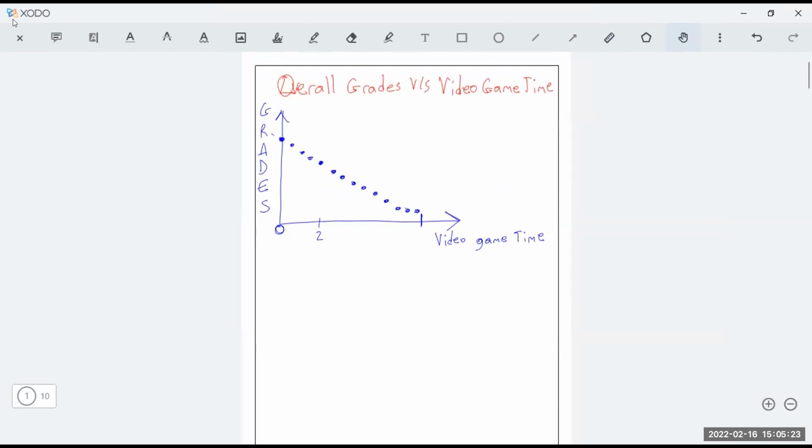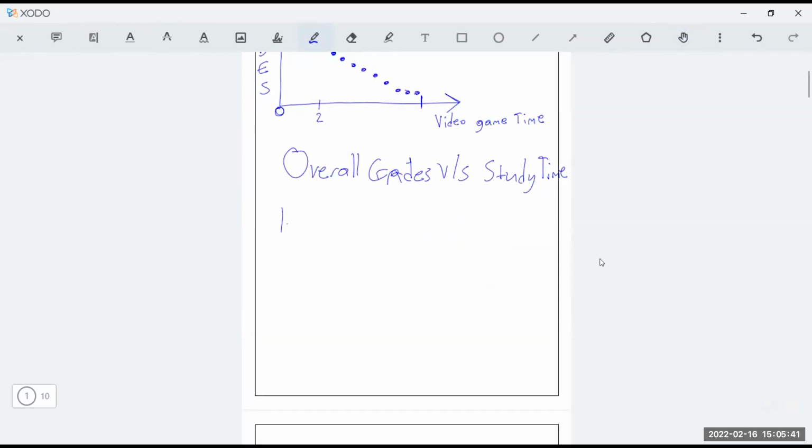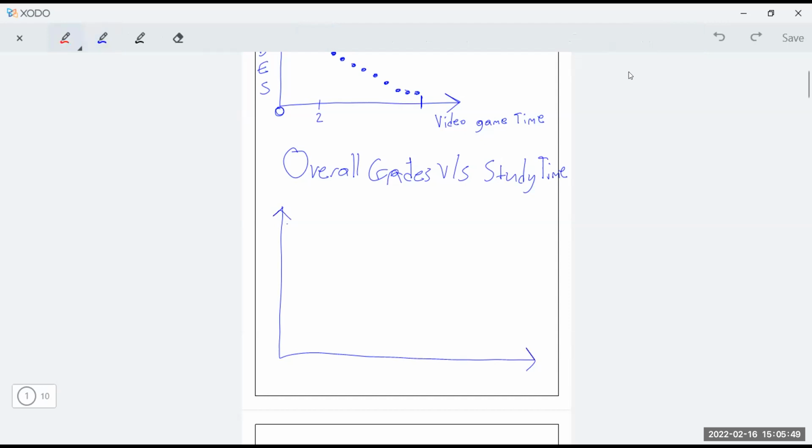Now look at this, Jamie. What if I gave you another scenario where we're looking at overall grades versus study time? So the more time you spend studying, what should happen? The grades should rise.